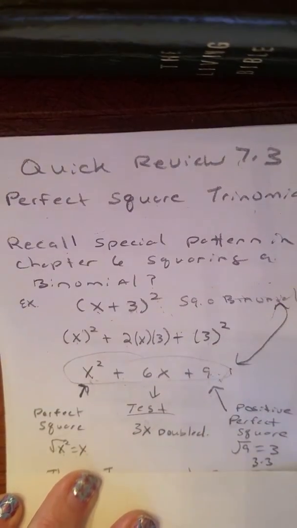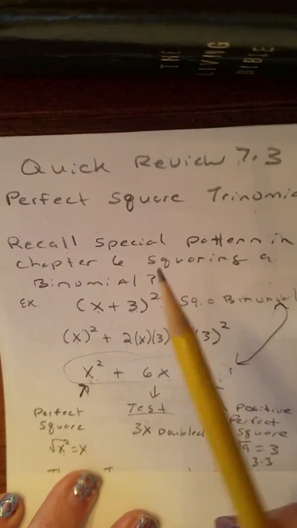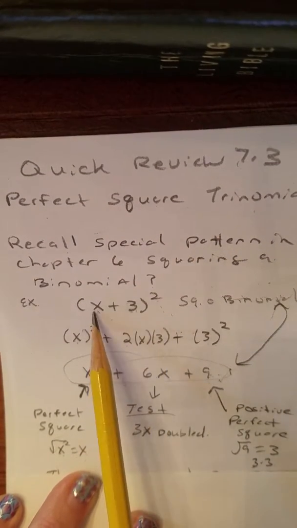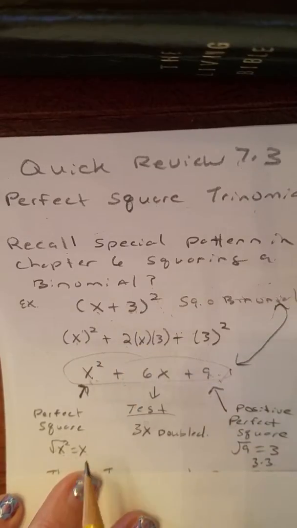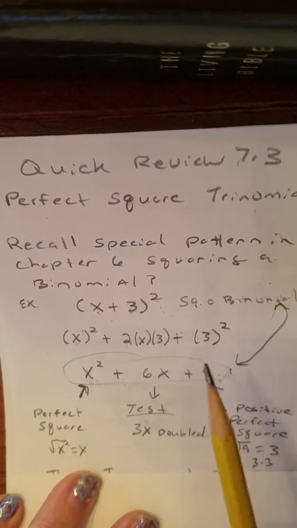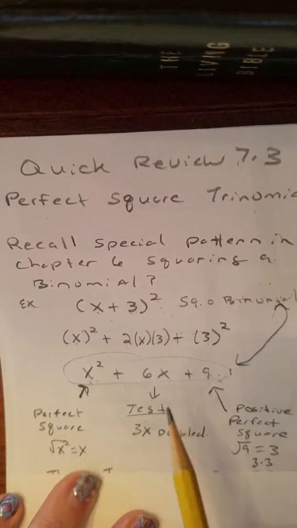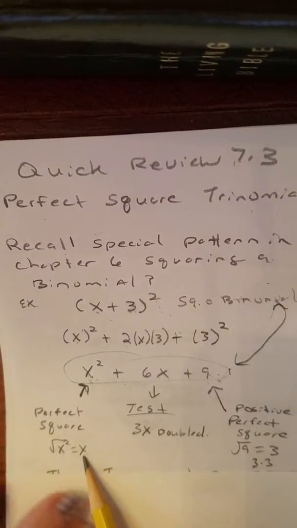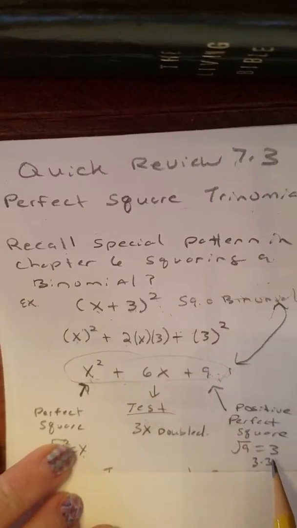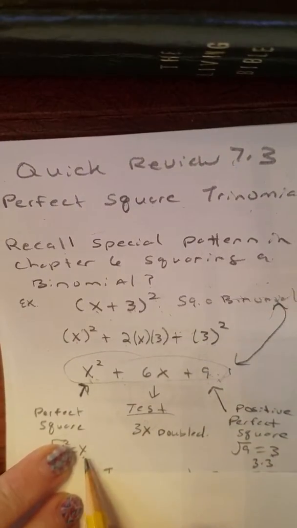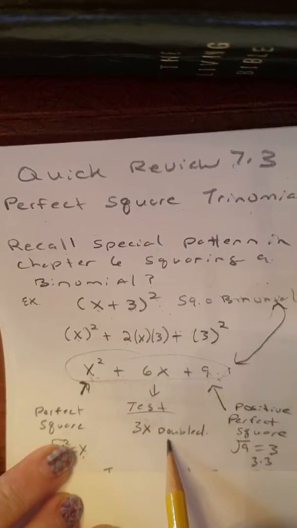Now I've got to check the middle term. If you recall, the middle term is all about taking this times this and doubling it. So this is x, and this one is 3. So 3 times x, is this 3 times x doubled?